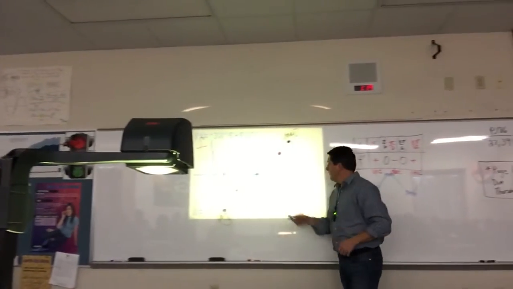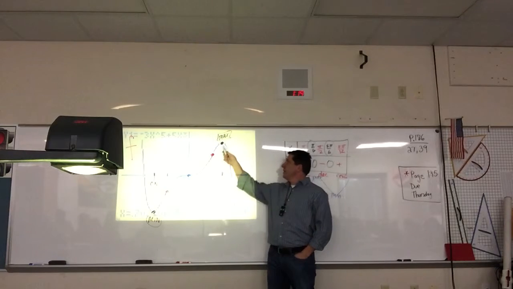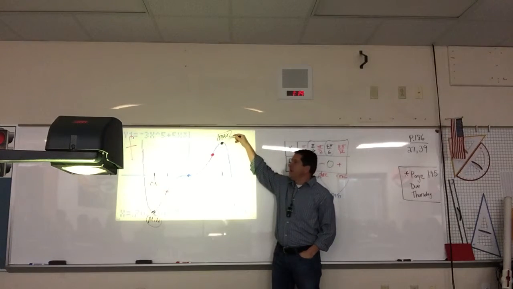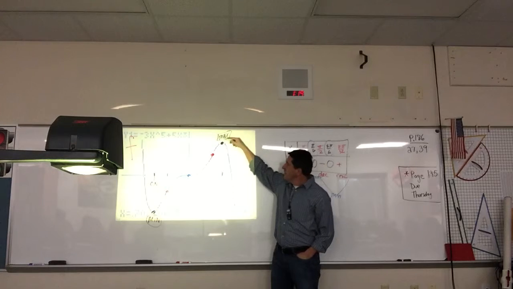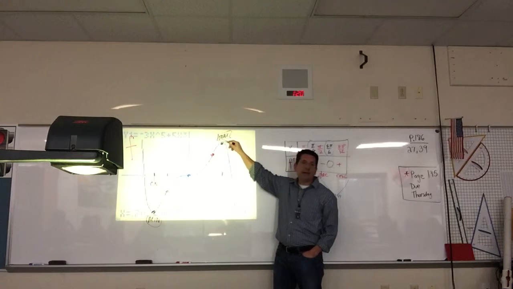Likewise, if you take the critical number, which comes from the first derivative, and you plug it into the second derivative and you get a negative number, that can tell you automatically that the function has a maximum at that critical number.